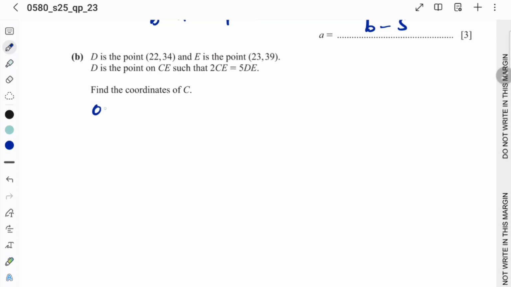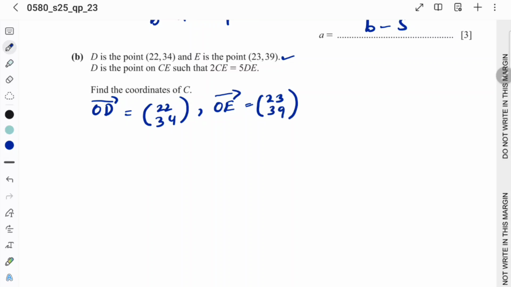You know that OD is (22, 34). The other value which is given, OE, is (23, 39).